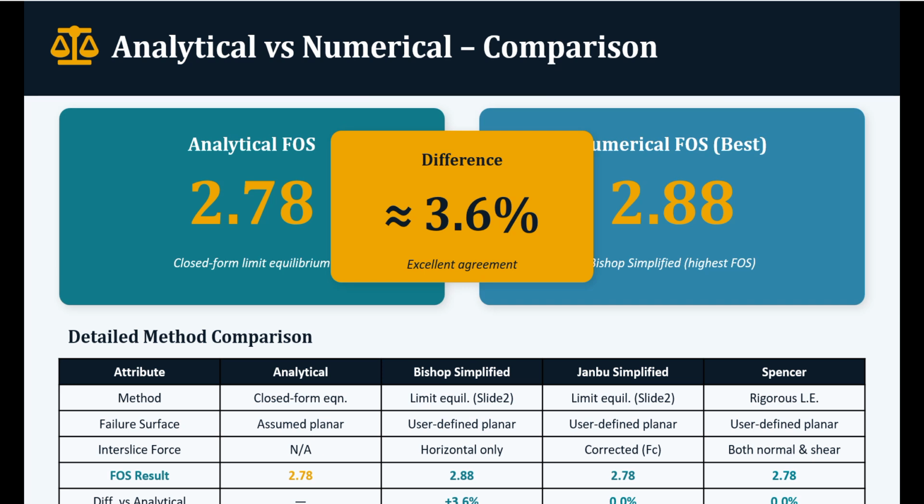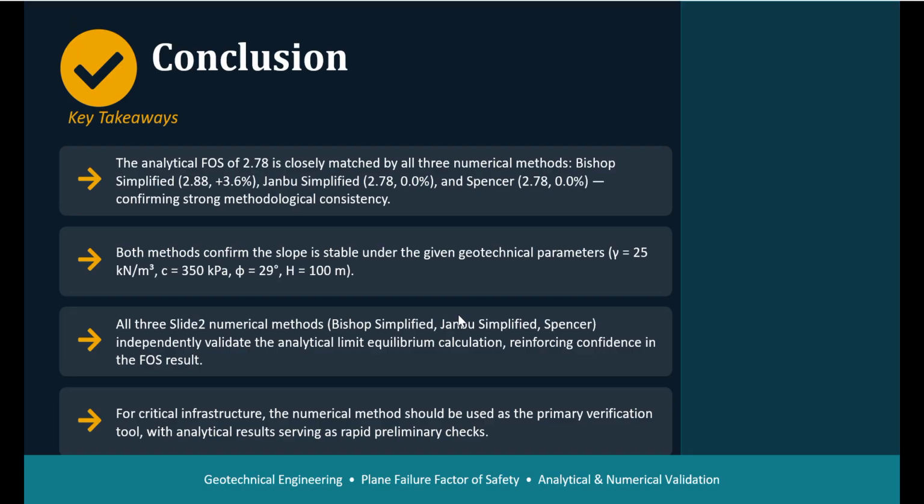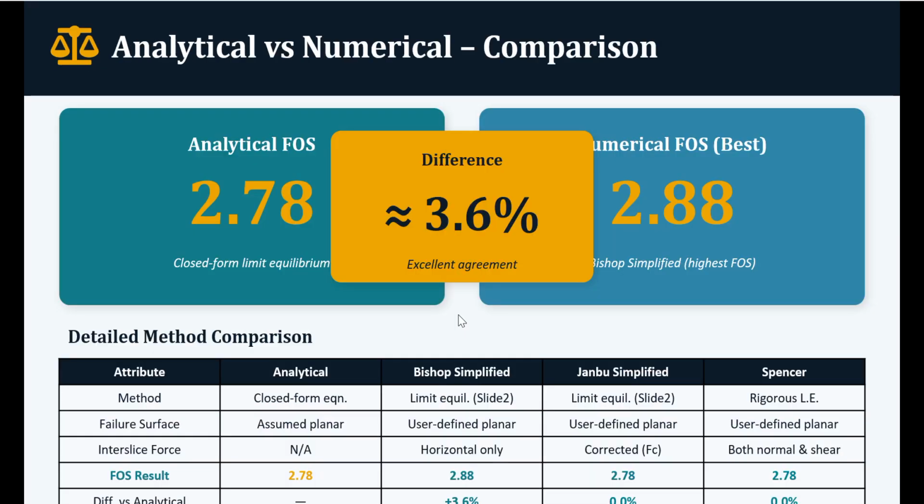That is the comparison. The difference is 3.6%. We can say this is an excellent agreement. The validation is okay. Usually validation up to 5 to 10% is okay, but we got 3.6% because it is a simple method. That's why we got a very small difference.